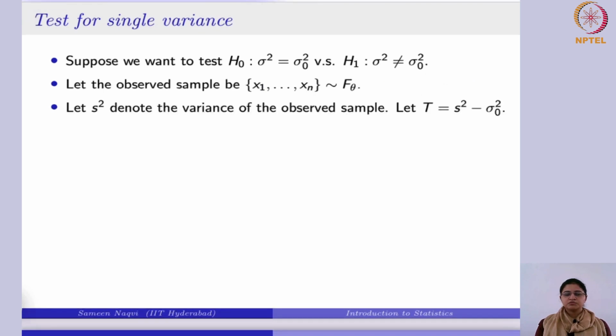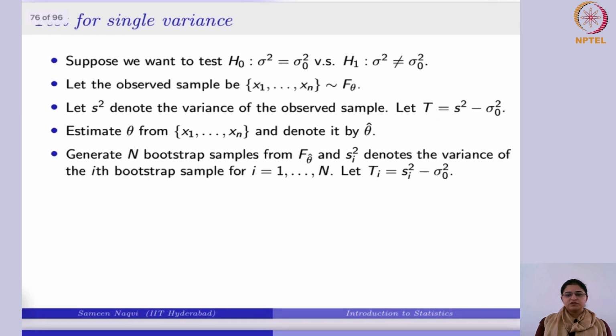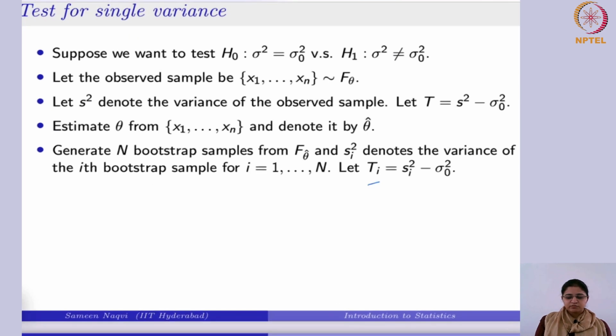Next, you are going to generate Bootstrap samples from f theta hat, right? So you will estimate this theta hat, and every time you will generate the Bootstrap samples from this one. Keep on doing that, and for each sample you will be finding out the sample variance. Suppose for t1 to t100 you have found out the sample variances, and then you will subtract sigma naught square from each of them.